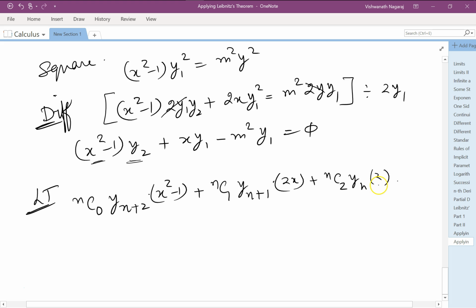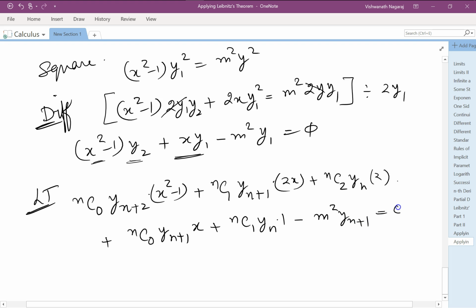Next time when we differentiate, it will become 0 and the term itself will become 0. So we stop. Now we take up the next term. So nC0 yn plus 1, because it has already been differentiated once, and x, plus nC1 yn and v1, that is 1 minus n square, and this will become yn plus 1 equal to 0.